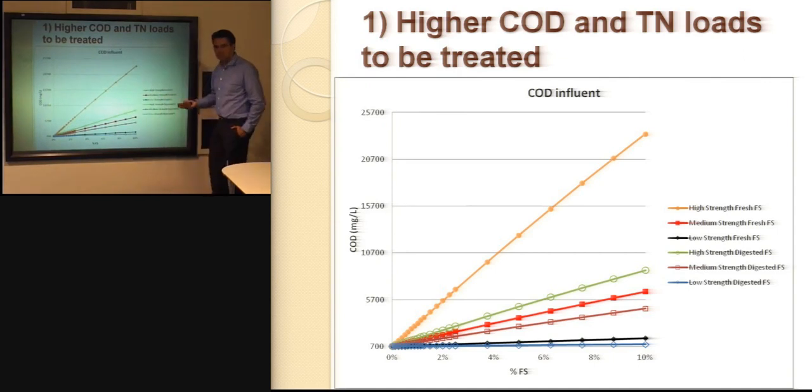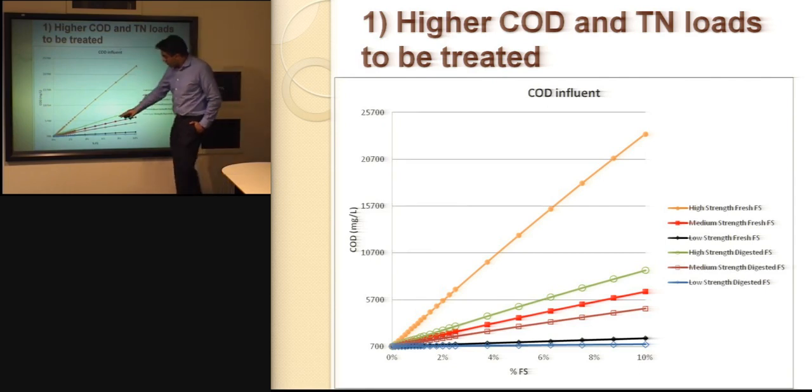This is a bit of an overestimation, just to show what can happen if we discharge, for example, high strength fresh fecal sludge, and if it reaches 10%, it will potentially reach more than 20,000 milligrams per liter of COD. This is really an extreme case.